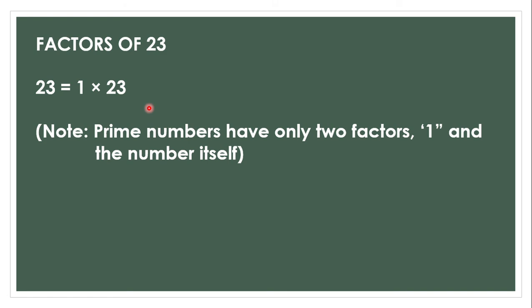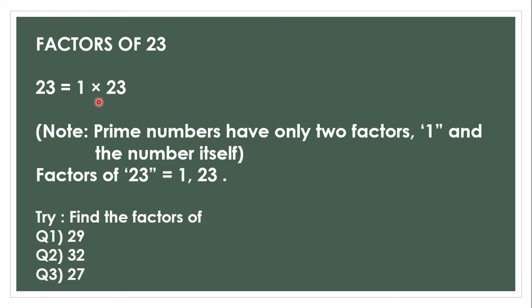We won't get 23 in any other table, so it will have only 1 and the number itself as its factors. So the factors of 23 will be 1 and 23, and you can try with these problems.